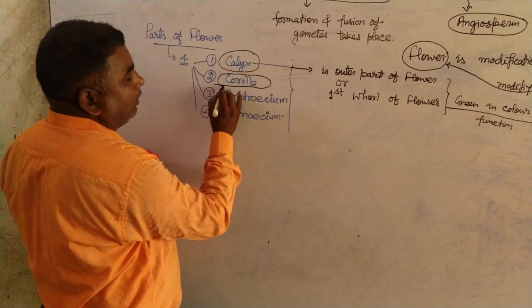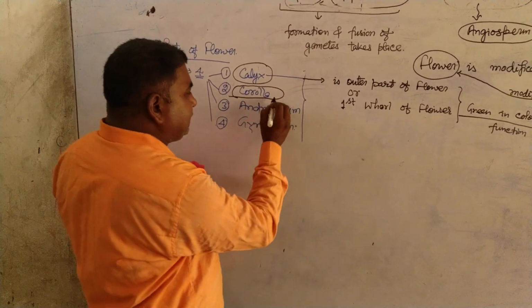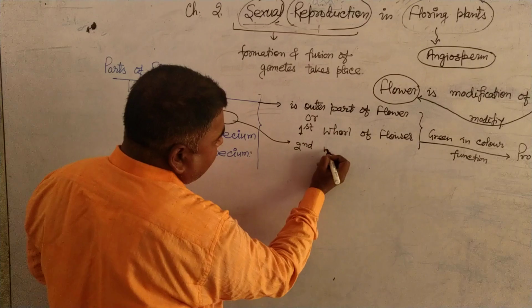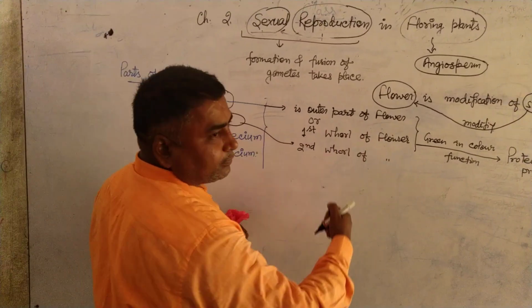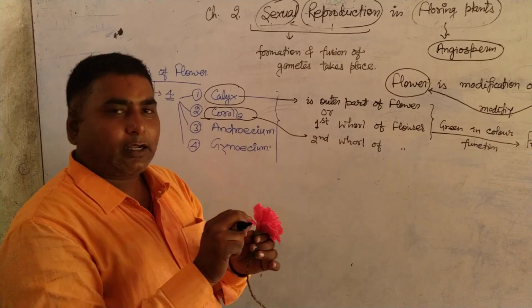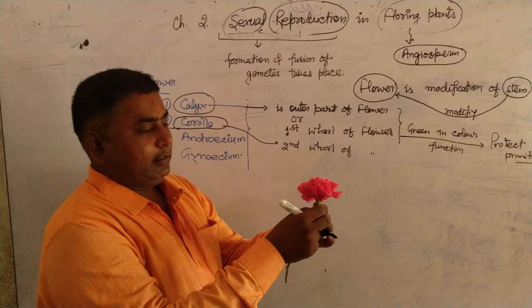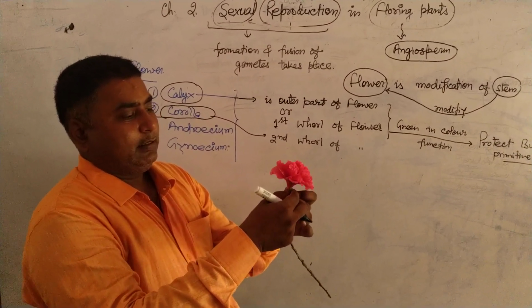corolla. Okay? This corolla is the second whorl of flower. And this corolla, look here, I want to separate this.